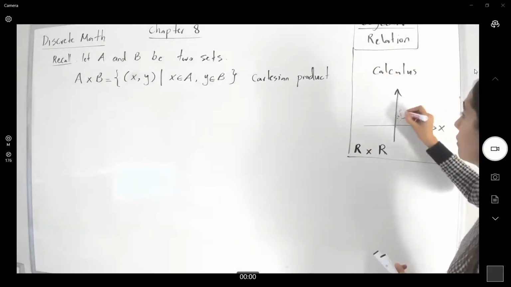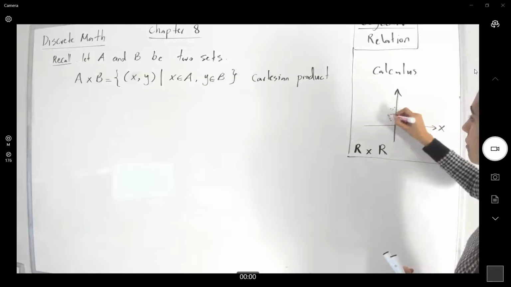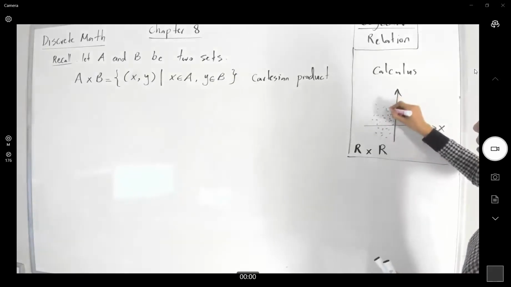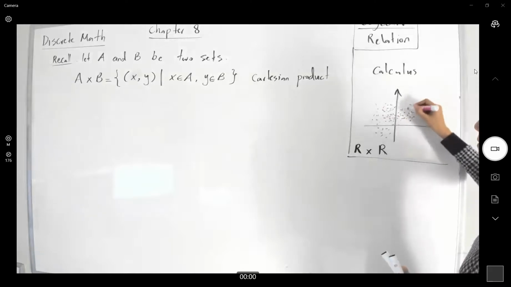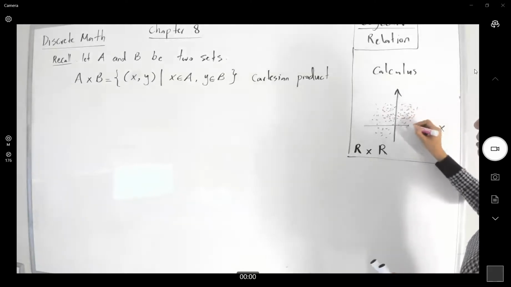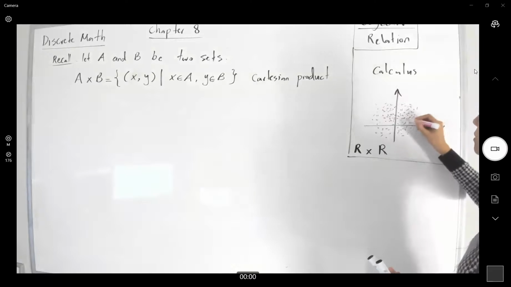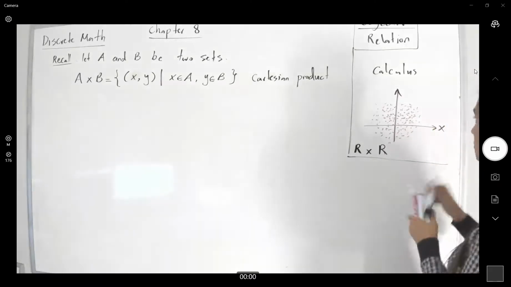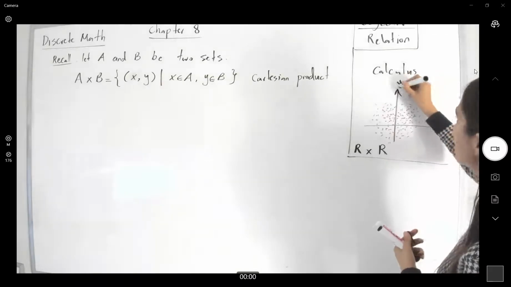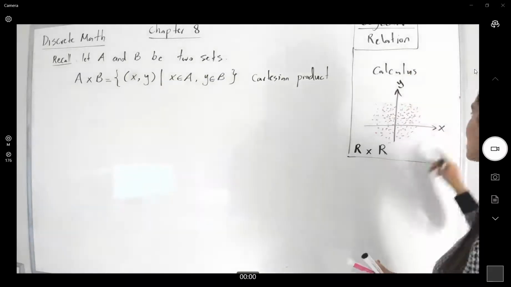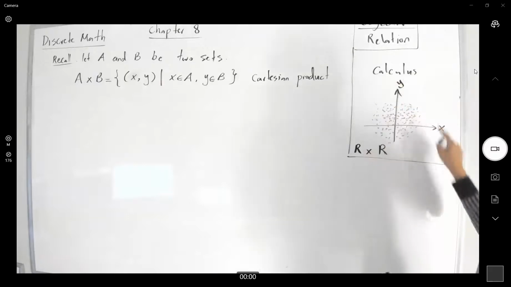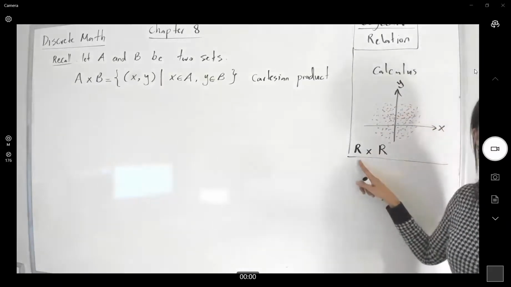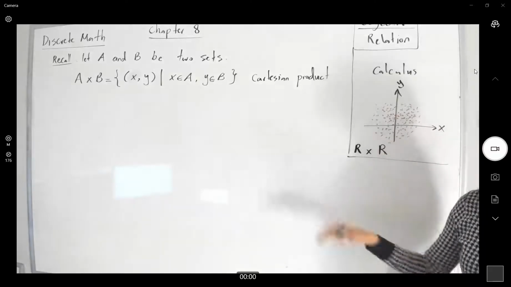Since there are infinitely many points, instead of just using dots, we can shade the whole thing and it creates the XY plane, or rectangular plane, or Cartesian plane for us. For simplicity, we just label these X and Y, but this is actually R and this is R. So the Cartesian product between R and R gives you all the points in the plane.